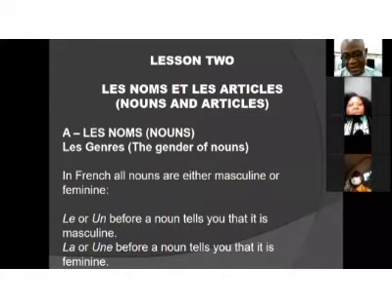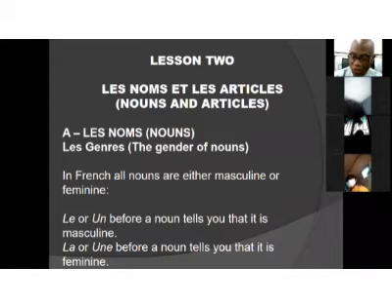And since everything in French is either masculine or feminine, we use either le or la, or un or une, to qualify each of these. Because in French, no noun is used on its own. Every noun must have an article that goes with it.